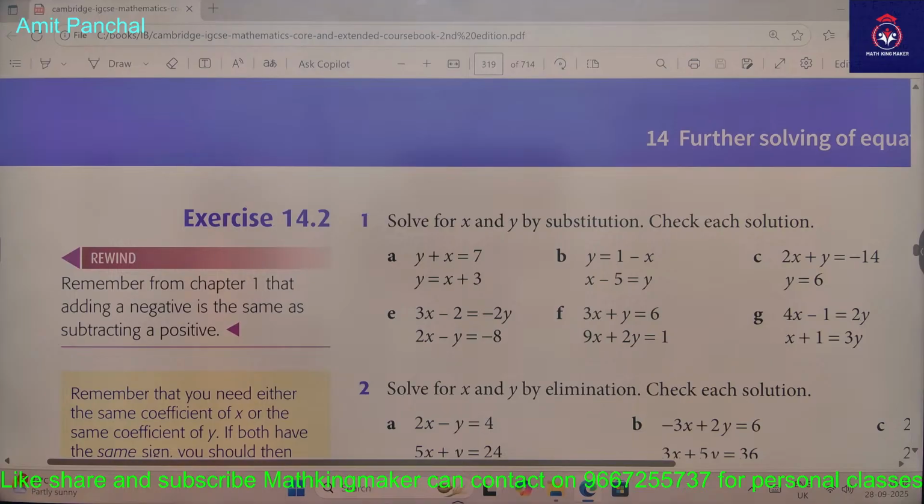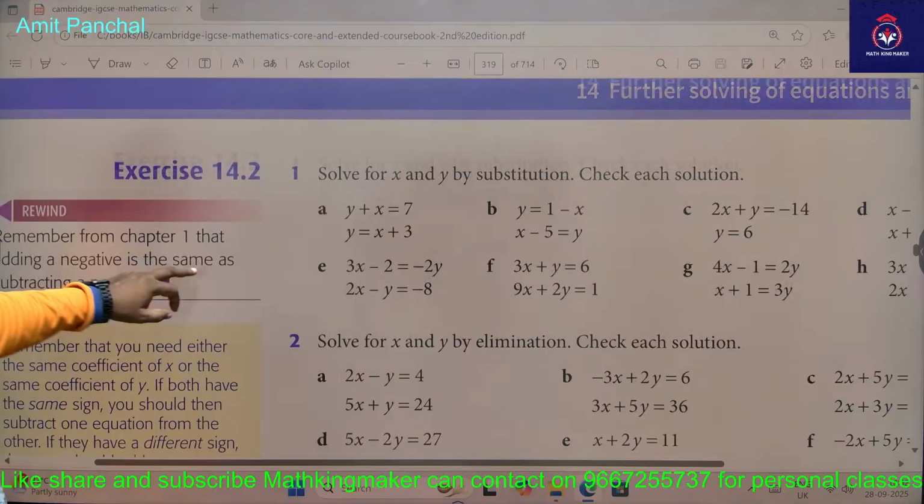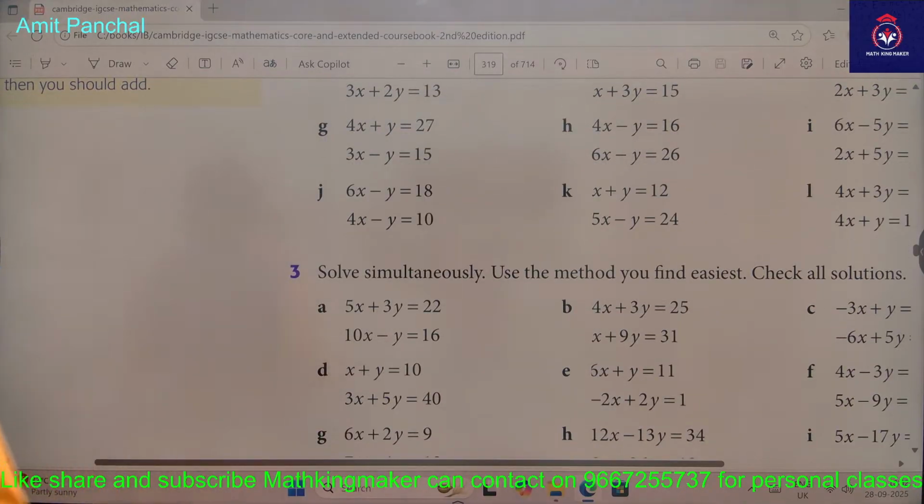Understood. So these two exercises will be your homework. And every solved example, you need to try it. Got it?